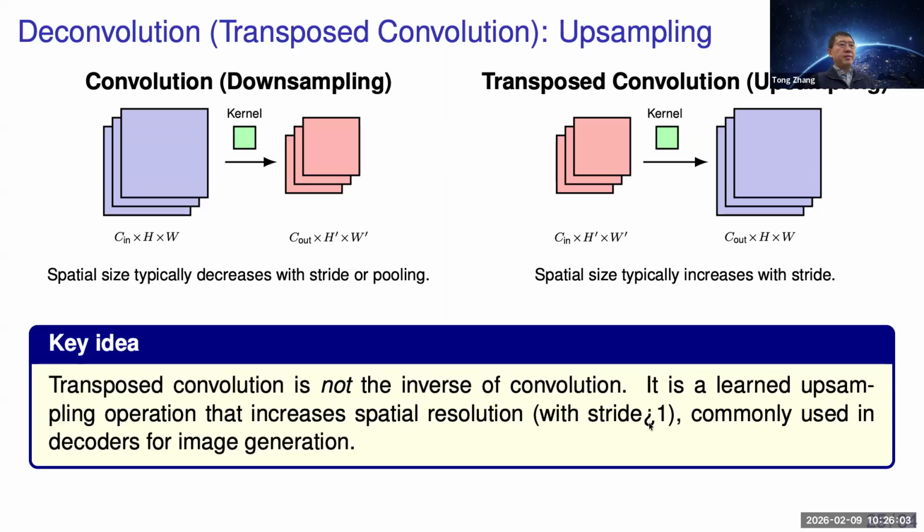And you fix this scale. But the stride is more than 1, then it's commonly used in decoders for image generation. So this is what we are doing. Certainly nowadays people convert everything more to the transformer, but still it's useful to know this.